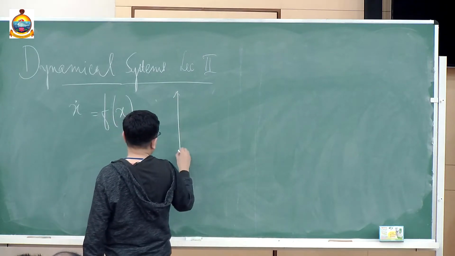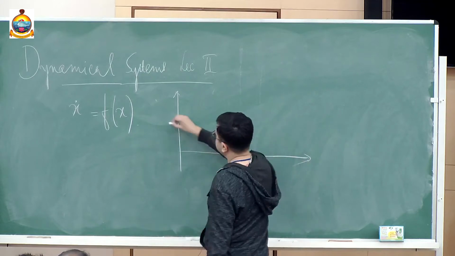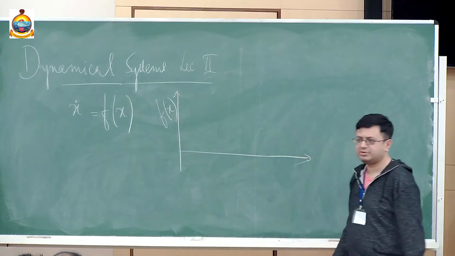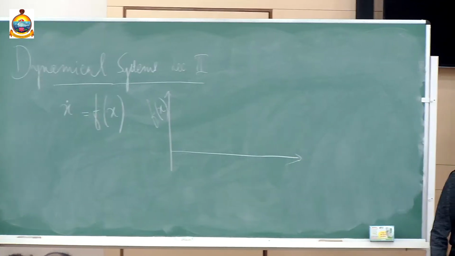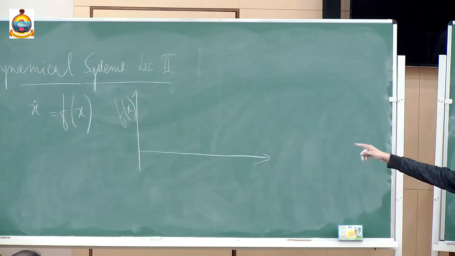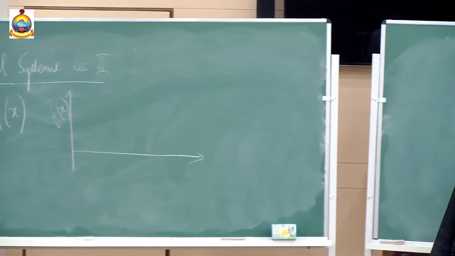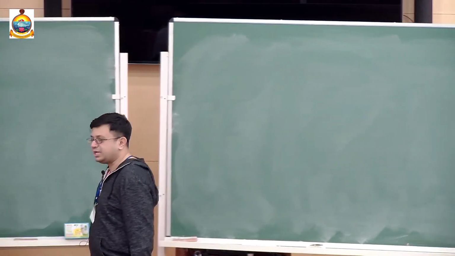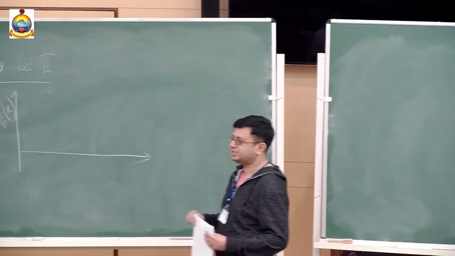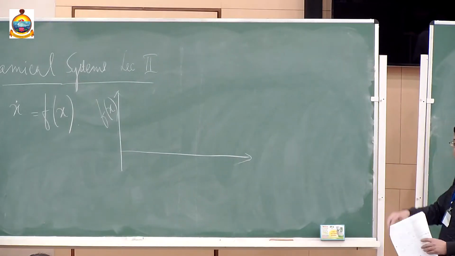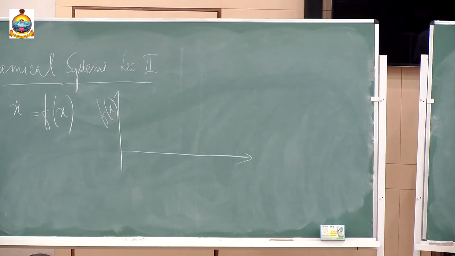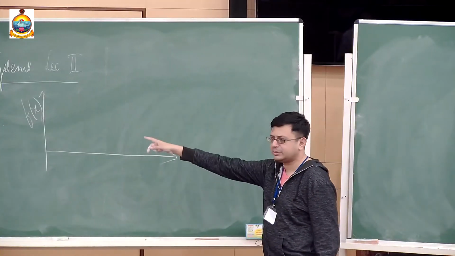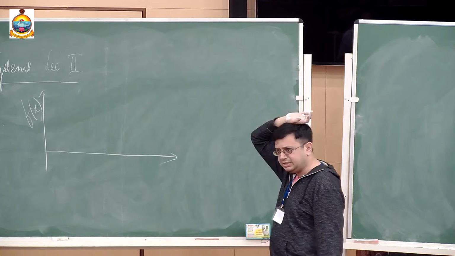So let's look at this thing. Our general attitude will be the following: since we know that in most cases we will not be able to solve that equation for a general nonlinear f of x, our attitude will be to try to extract as much information as we can by plotting the function and doing simple things like Taylor expansion, because we know that we are stuck, we cannot solve that equation in general.